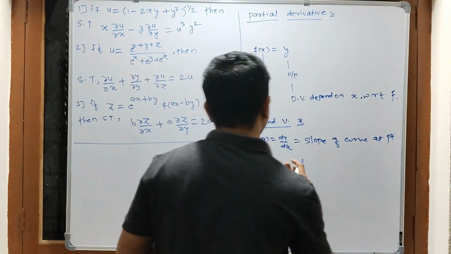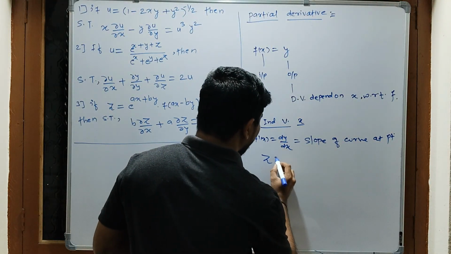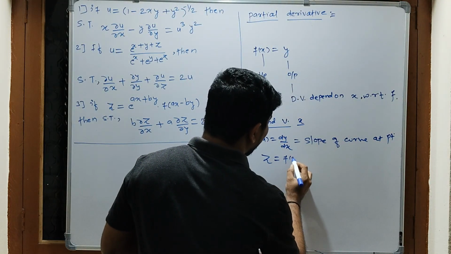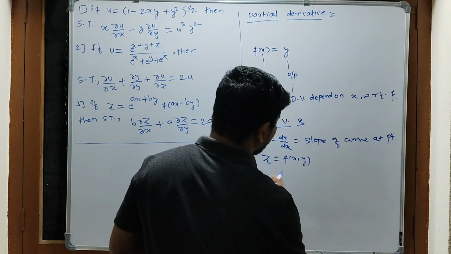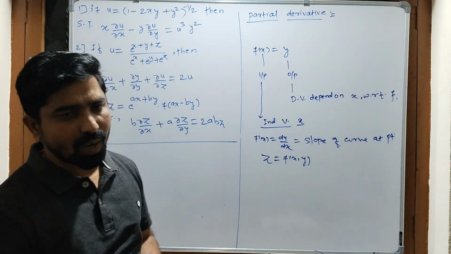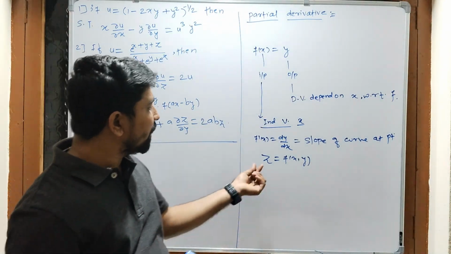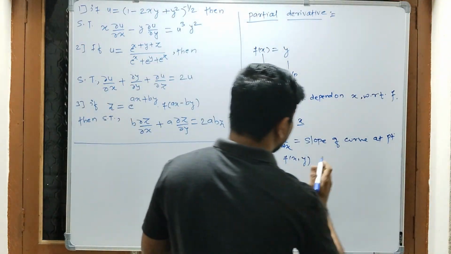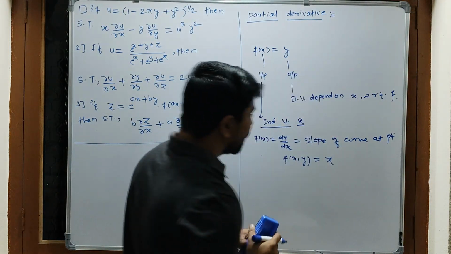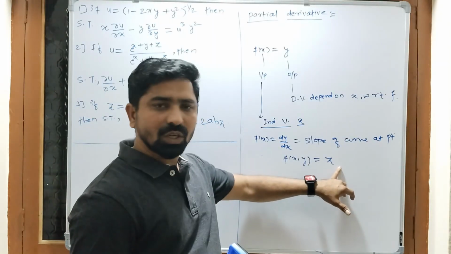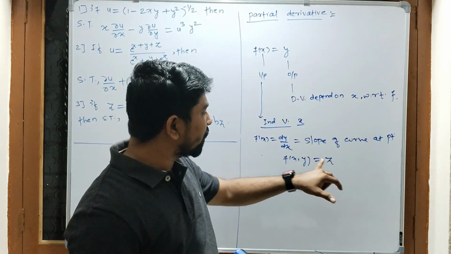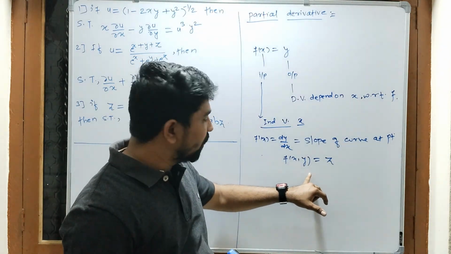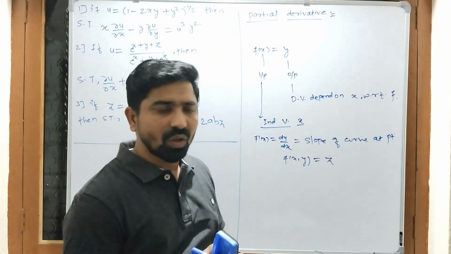Now I will define a function of two variables. Let's say z is my function, z equal to f of x comma y. This is my output z. This output z completely depends on the two inputs x and y with respect to this function f.